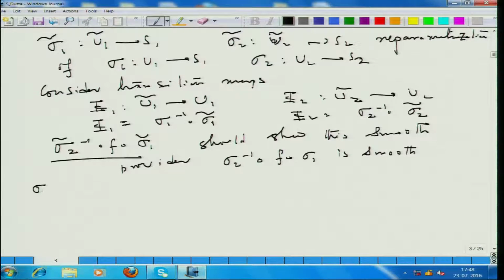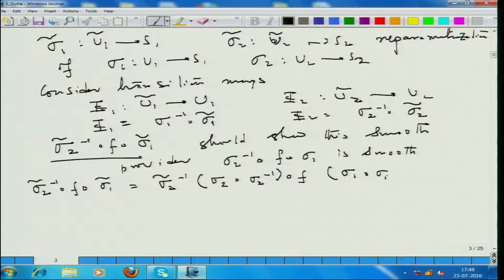After all, sigma 2 tilde inverse composed with F composed with sigma 1 tilde, I can write as sigma 2 tilde inverse, I can put in sigma 2 composed with sigma 2 inverse, which is identity, composed with F, and before sigma 1 tilde I can put sigma 1 inverse, sigma 1 tilde inverse.